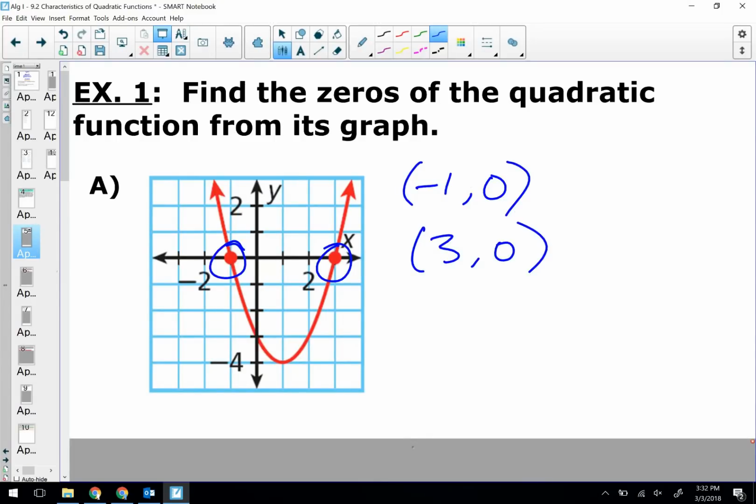You might also say the x-intercepts are -1 and 3. I would accept either kind. This is an example where a parabola is going to have 2 zeros. The bottoming out point, that minimum value, is down below the x-axis, so it's going to cross it twice.